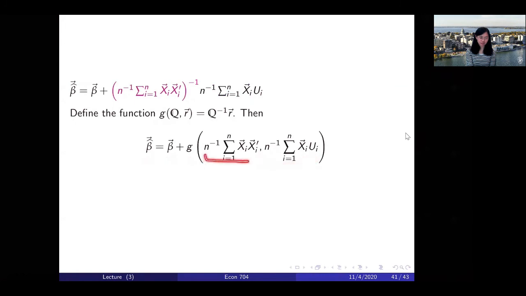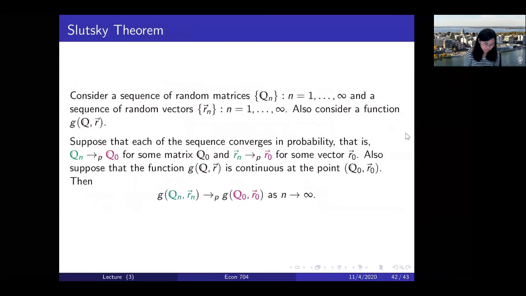So that is our Qn matrix, and that is our Rn vector. The reason we do that is we want to use the Slutsky theorem.